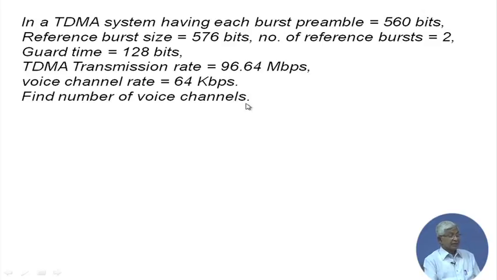Let us take a quick calculation. In a TDMA system, each burst preamble is 560 bits, similar to the last one. Reference burst size is 576 bits, number of reference bursts 2, just like last time. Guard time is 128 bits, TDMA transmission rate 96.64 megabits per second, and voice channel rate is 64 kilobits. Number of voice channels you have to find. How do you proceed?